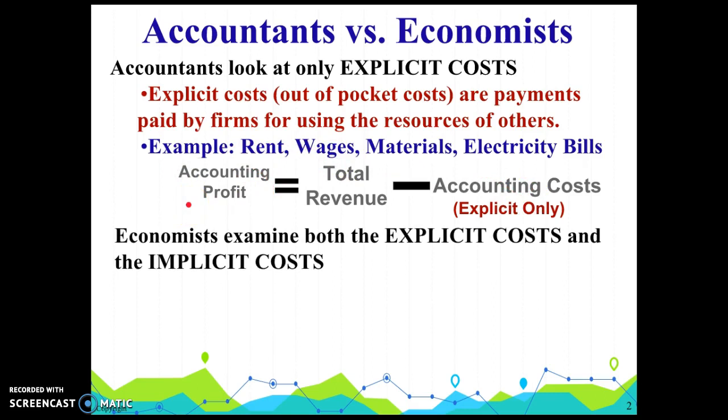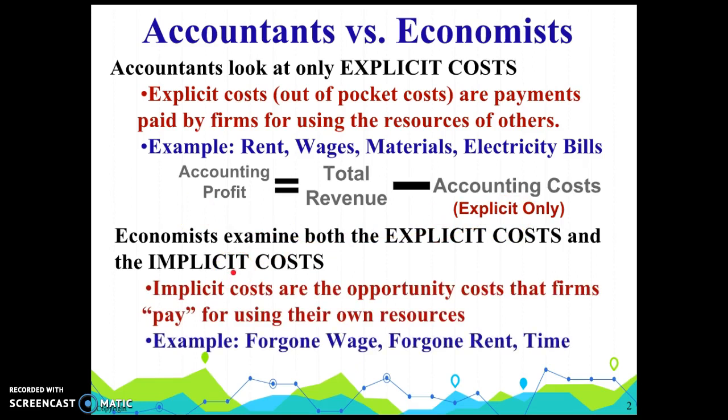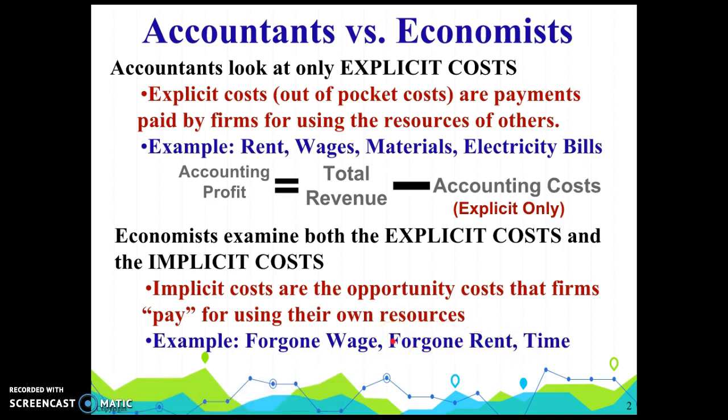Now, an economist is going to include these explicit costs, but they're also going to include implicit costs, and that's the opportunity cost, right? So an economist would say, well, if you're going to do something, we also have to consider the wages that you're not making, right? If you go to college, you have to consider how much money you're not making because you're not in the workforce, for example, right? You're using your business space, well, you could be renting that out and making money. So we have to include that and the value of your time, for example.